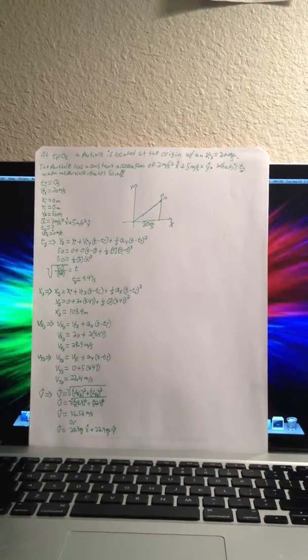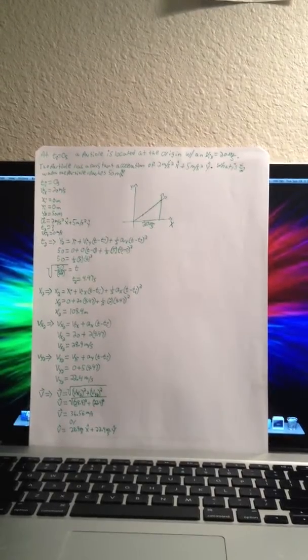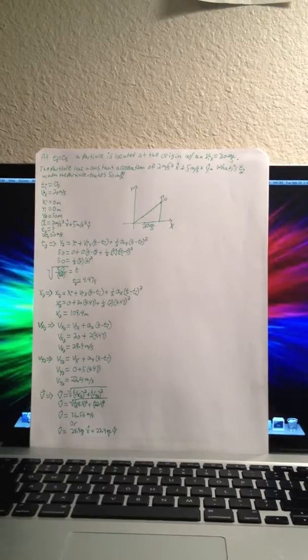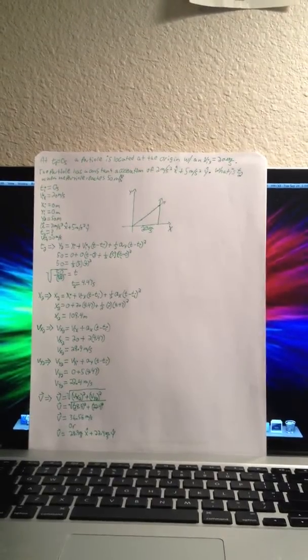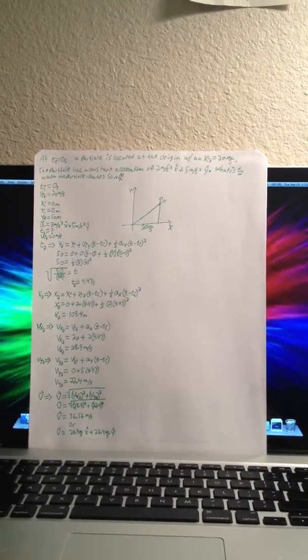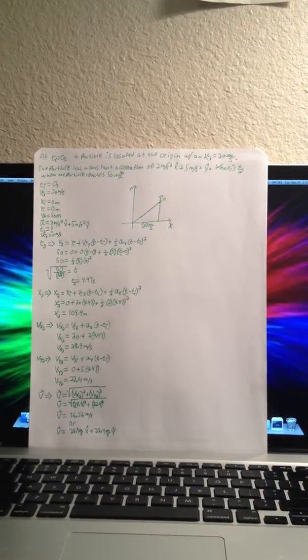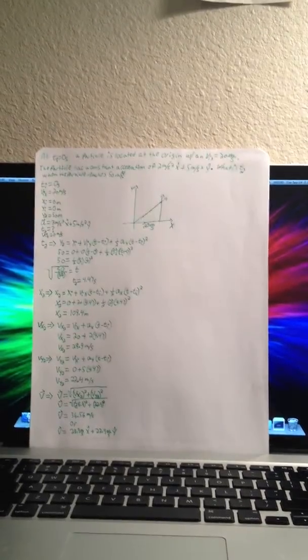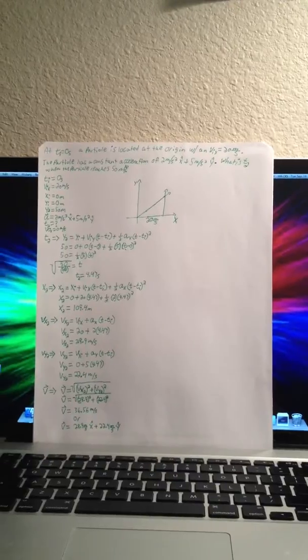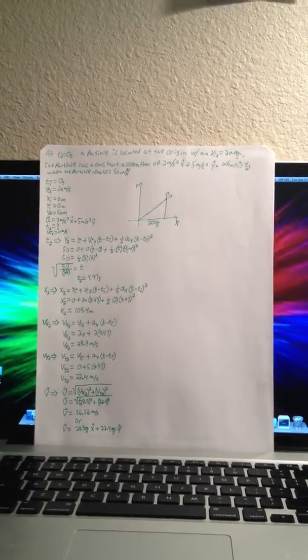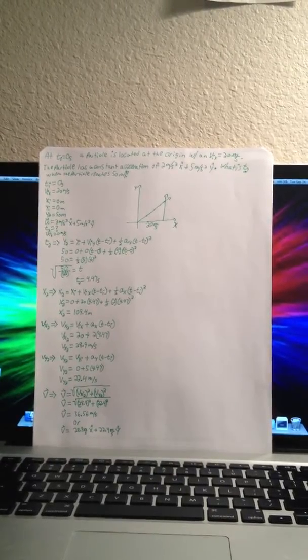So we solve that, and the time that the particle equals 50 meters is 4.4 seconds, and then we can move on to solve for the position of x at this given time.